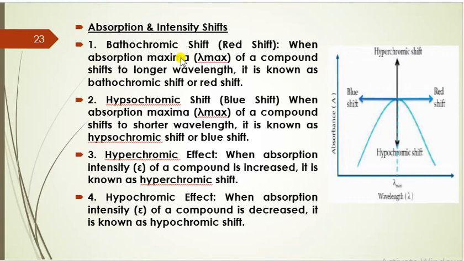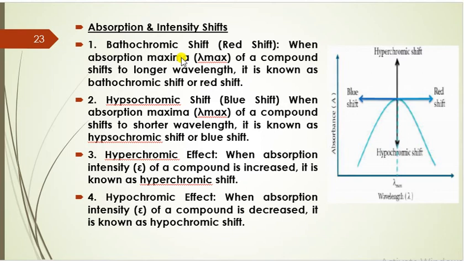Now opposite to bathochromic shift, the other shift is known as hypsochromic shift. Hypsochromic shift is also known as blue shift. When the absorption maxima, that is the lambda max of the compound, shifts towards the shorter wavelength, it is known as hypsochromic shift or blue shift. Now this blue shift may be caused by removal of conjugation and also by changing the polarity of the solvent.